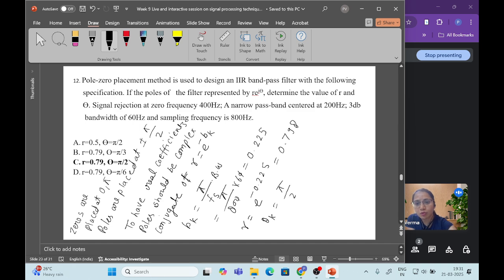So r is 0.798 and theta is pi by 2. Option C is the correct answer for this question. I hope you have understood.